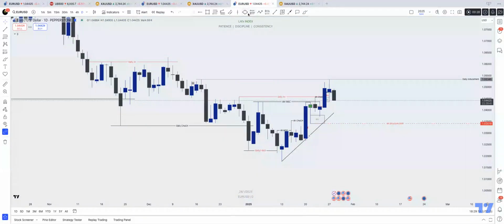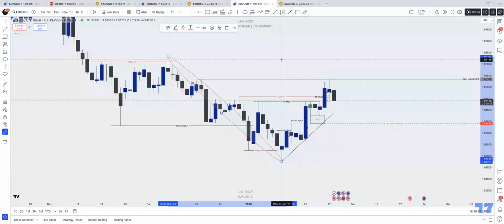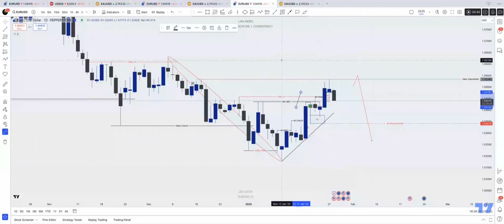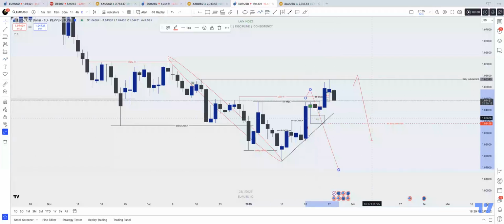This will be our range, our high, and then our low, right? So we expect one of two things: inducement sell or A plus sell. Right now, as you can see, price rallied all the way.